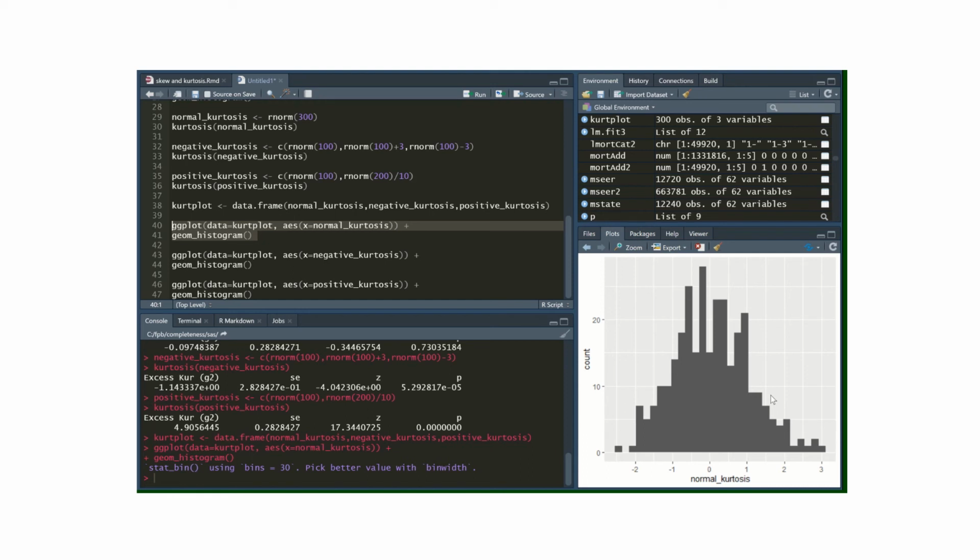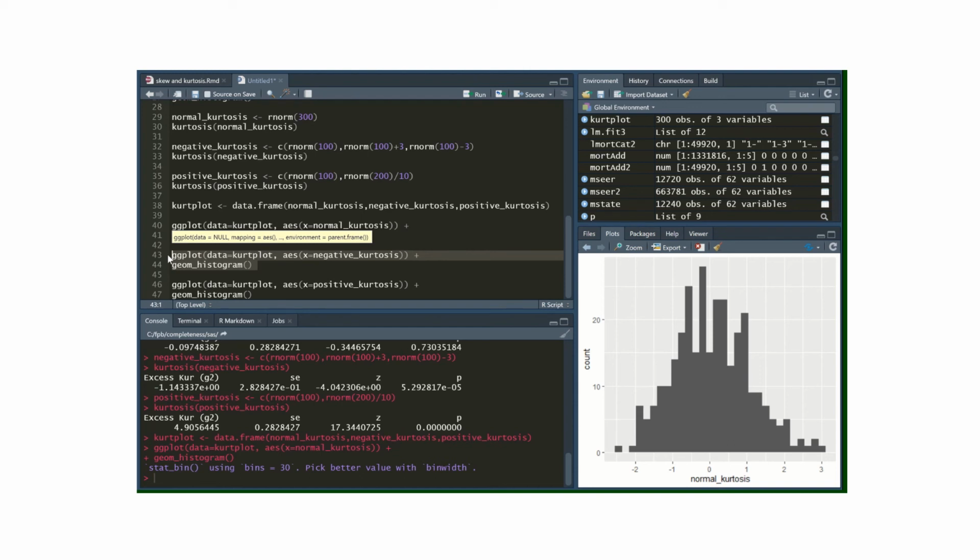If I picked 3 million random values, this would look a lot smoother. In fact, I'll do that at the end, just to illustrate. But for now, this is pretty close to a normal bell-shaped curve with a little bit of noise to it. And for the negative kurtosis, remember I tried to add more data into the tails.